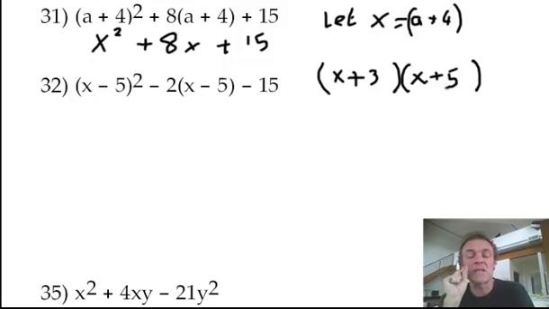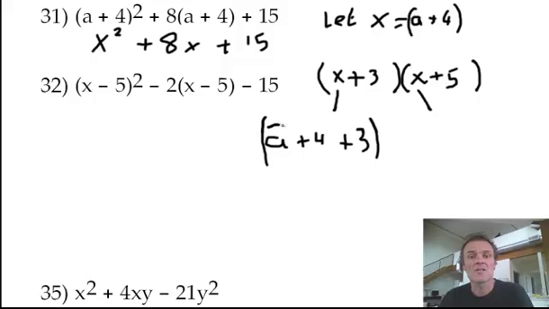That's it. Now remember, it's not x, it's a plus 4. So here and here, I'm going to put a plus 4 instead of the x, but still plus 3, and then again, instead of the x, a plus 4, but still plus 5.